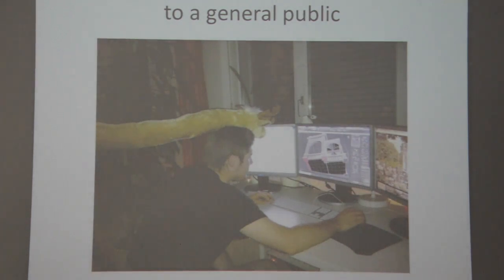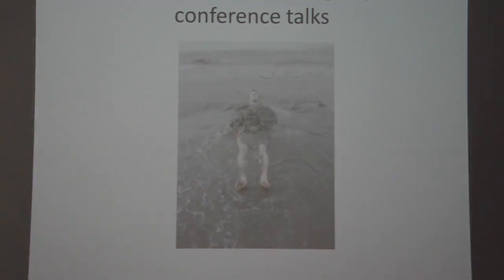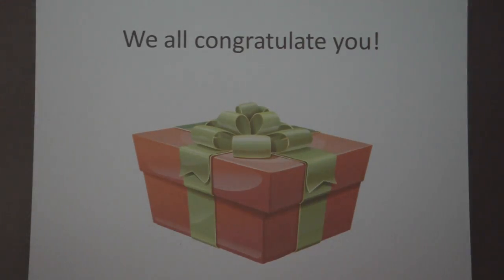He learned how to give talks to a general public. And then he also learned how to chill well after the long conference talks. We think all these skills would really help you in your future life. And we want to congratulate you and to give you a present.